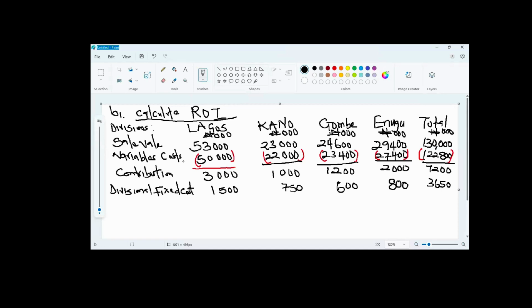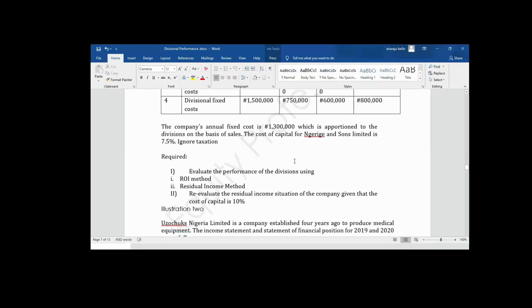Now we are asked to calculate the performance of the division, whether the cost is incurred or not. Look at the paragraph here. The company's annual fees cost of 1.3 is not incurred directly by the division. It is incurred by the company head office.